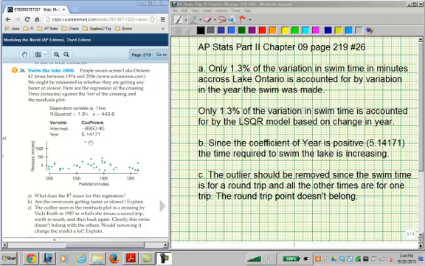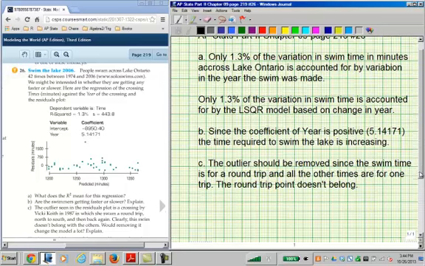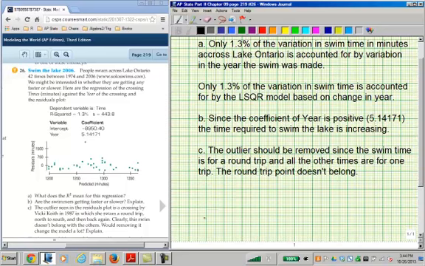Sometimes they're called fitted values. The following words are equivalent: y-hats, fitted, predicted. They all mean the same thing.